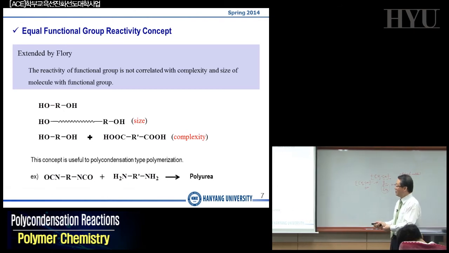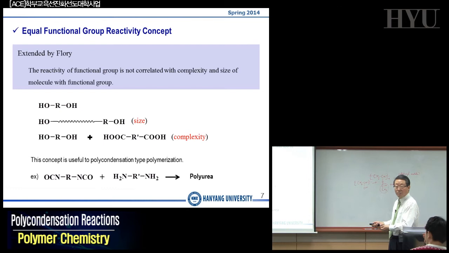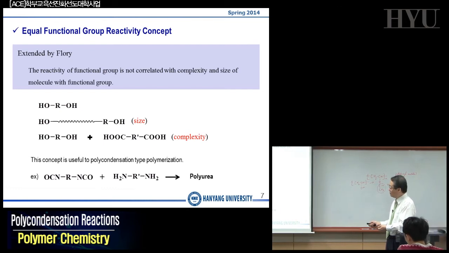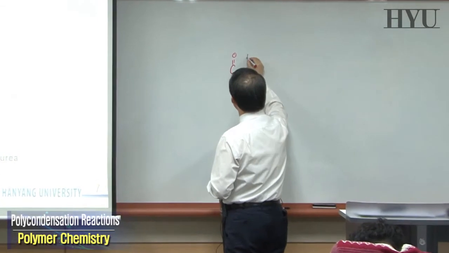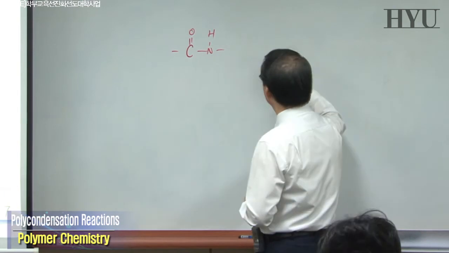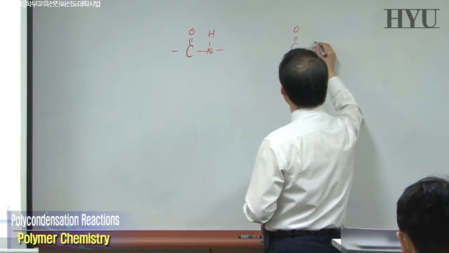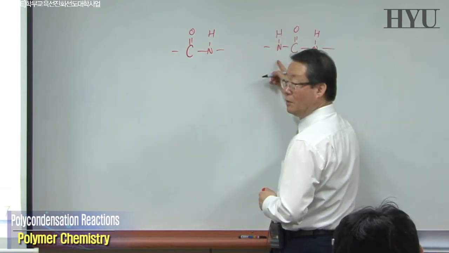So this concept could be applied and could be a very useful reaction. And if you think about this, the polyisocyanate and diamine will form the polyurea. Now again, this functional group is called amide, right? If you have one more imine group, we call this a urea group.